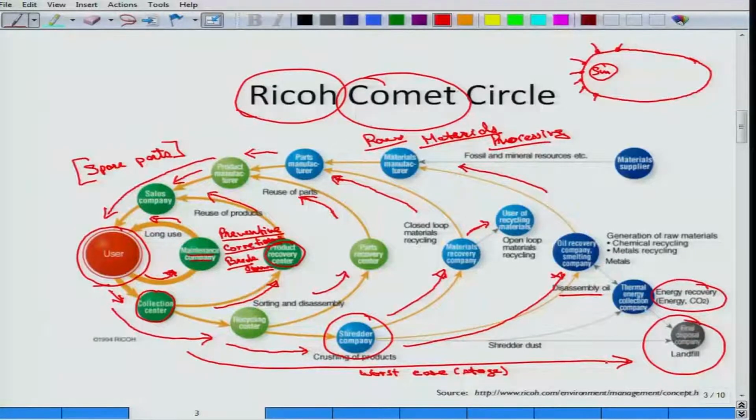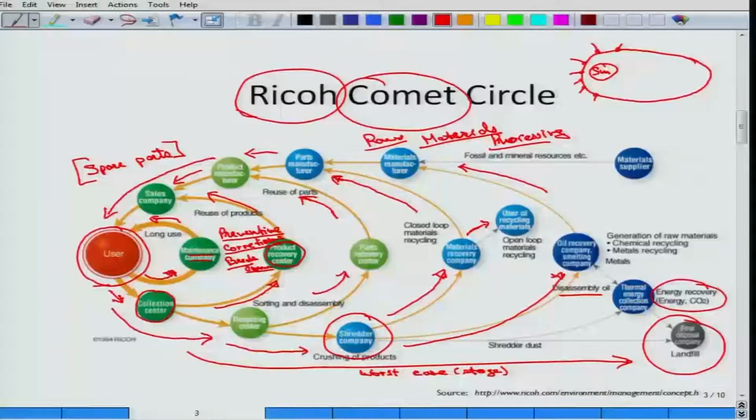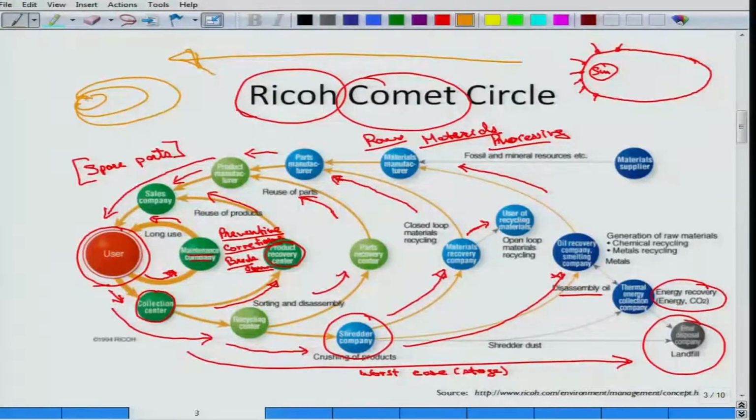So, the purpose of the sustainable approach here is to keep this comet circle smaller. The more we are towards the left side, or the smaller the size of this comet circle, the more sustainable it is.